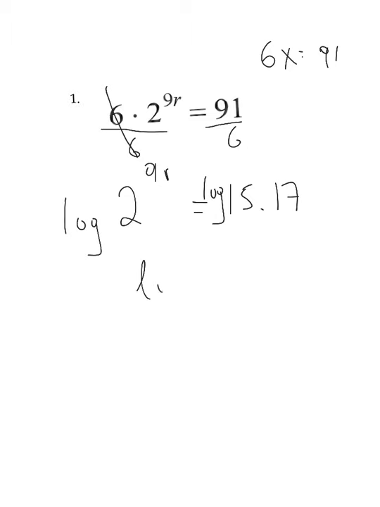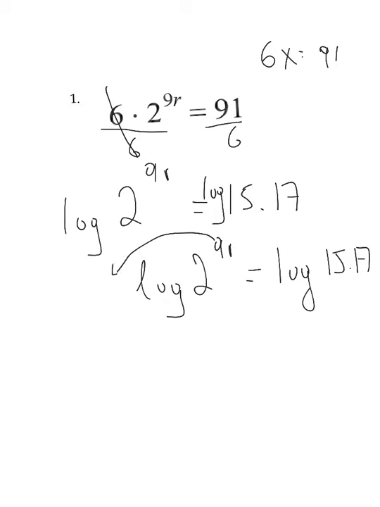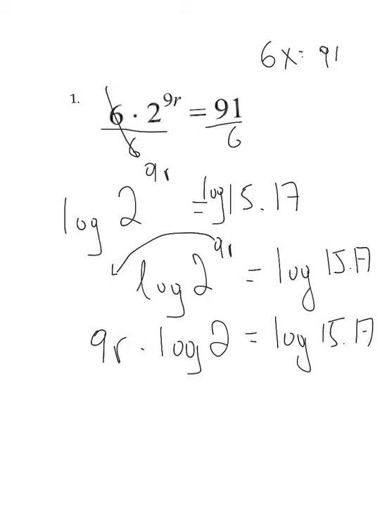So you get log of 2 raised to 9r is equal to log 15.17. Now the power rule: 9r goes in the front. So you get 9r times log 2 is equal to log 15.17.